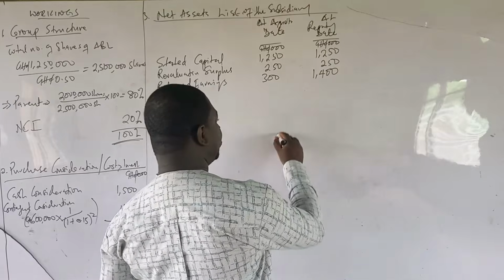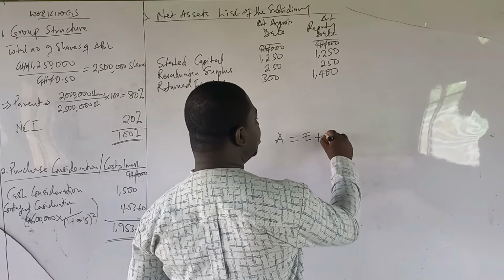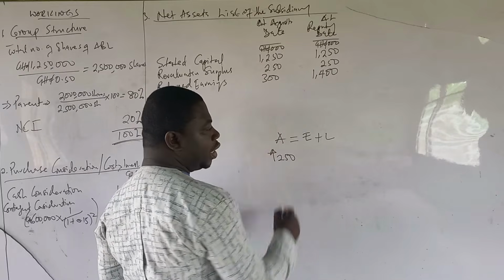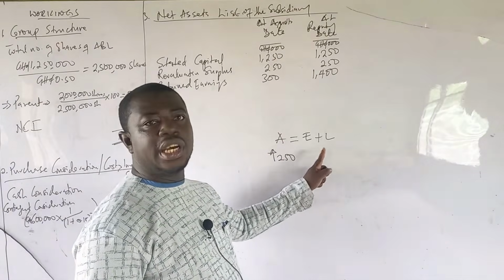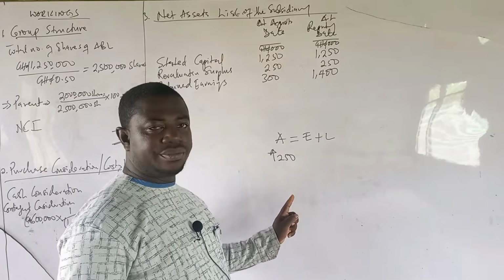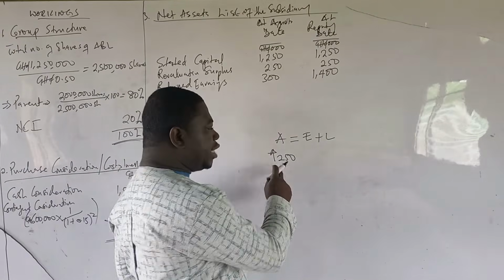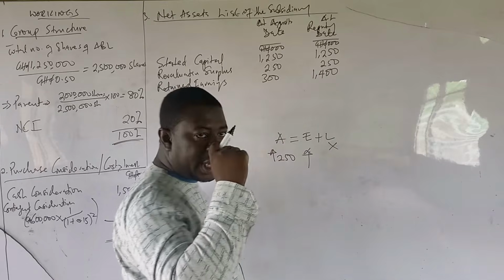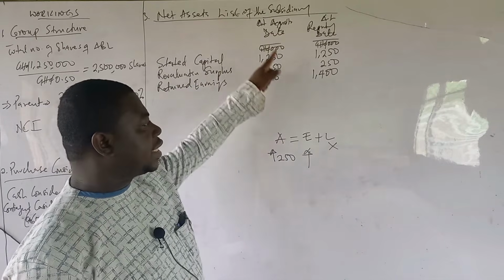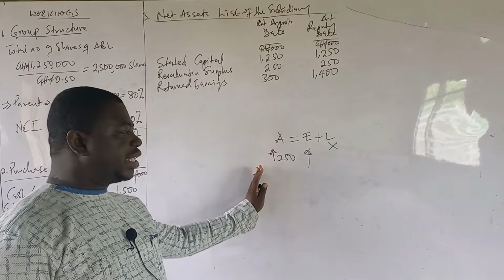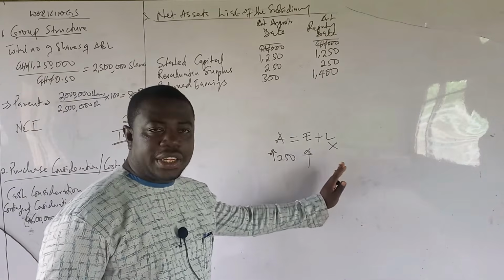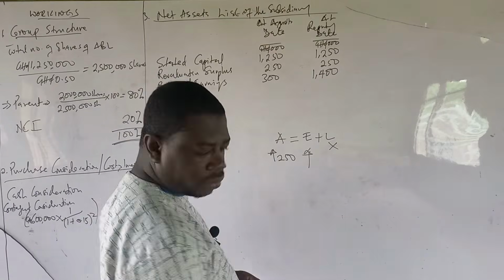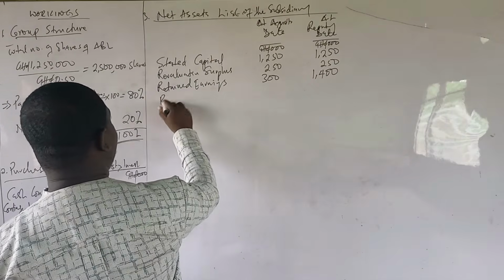Because according to the accounting equation, asset equals equity plus liability. So if you are increasing the asset by 250, you have to either increase your equity or liability by the same 250. And we know that this brand name will not be a liability. So definitely it is supposed to be part of equity. And that is why we are listing the net asset list. When we look at it from this side, it's part of net asset. When we look at it from the point of equity, it should also be part of the net asset. And so we are going to have brand name.